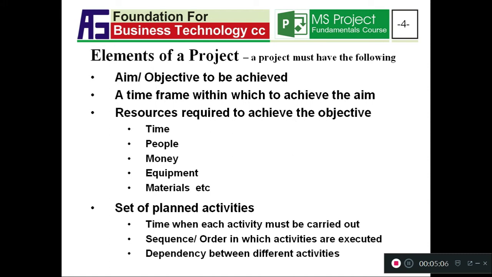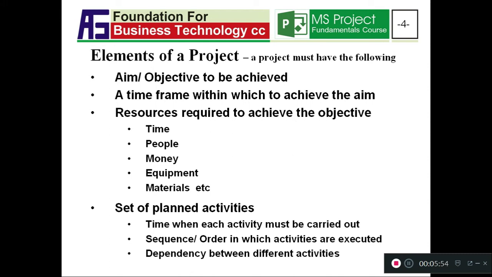Because it is referring to the end result or the product that is expected at the end of that endeavor. The second element of a project is a time frame within which to achieve the aim or the objective. You have to define how long you expect to work on that project.